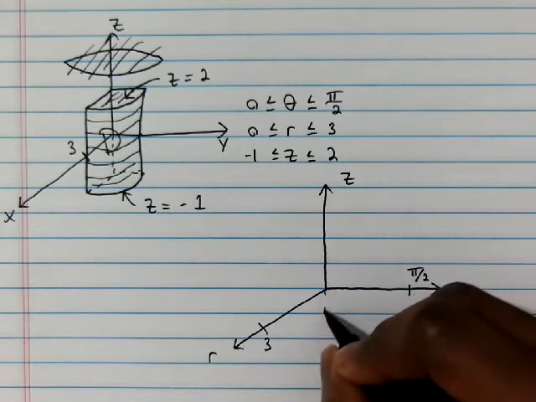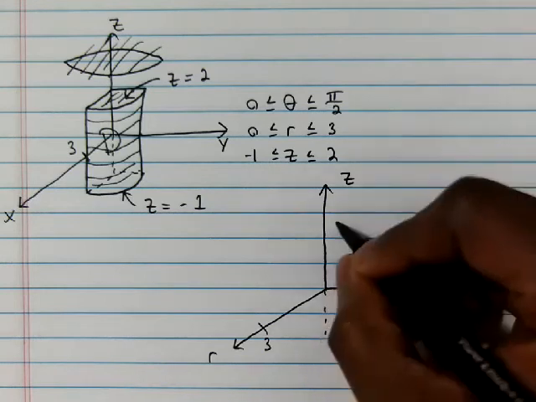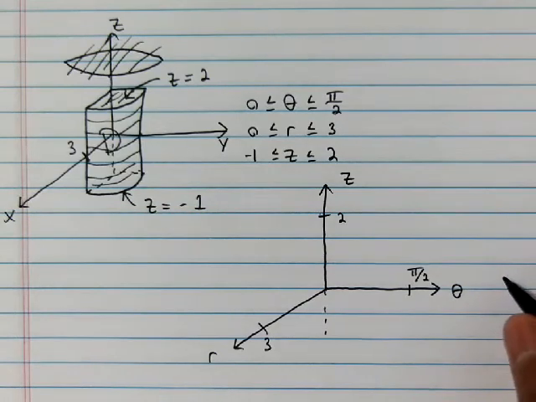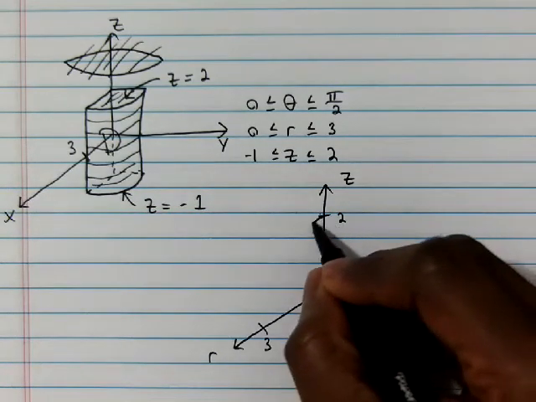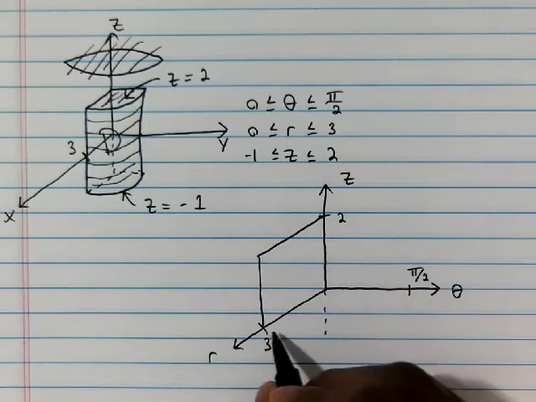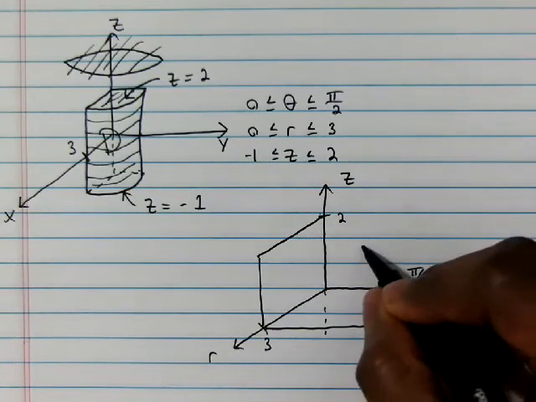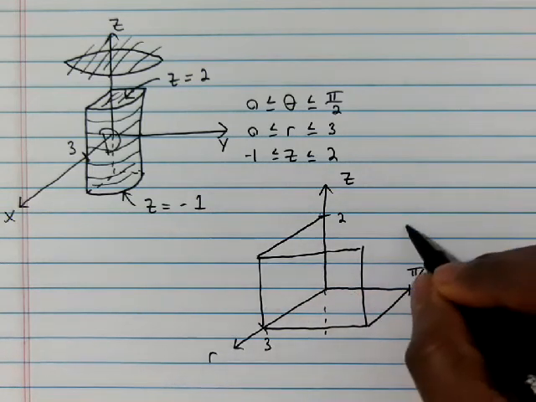What we would get there is just a box, something that looks like this.